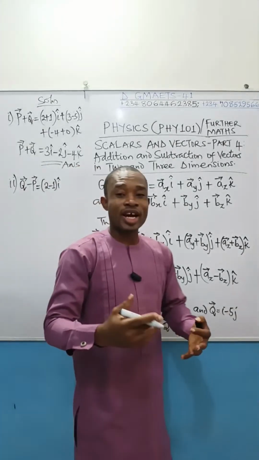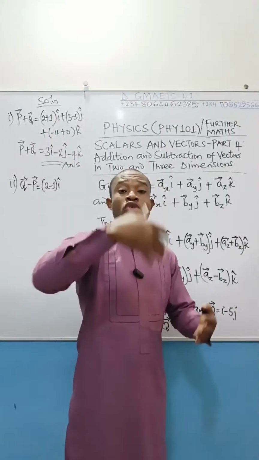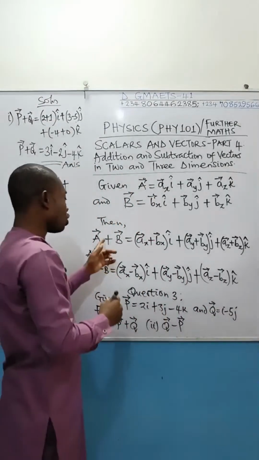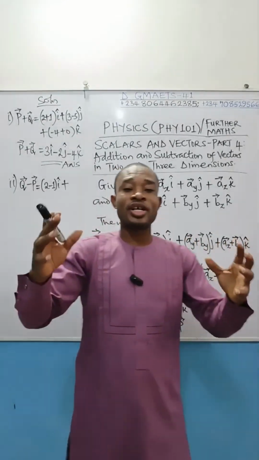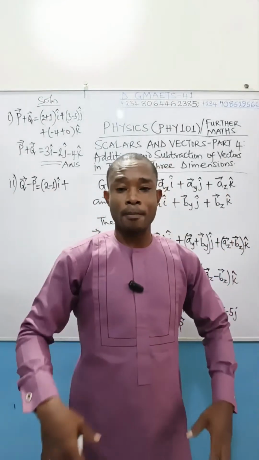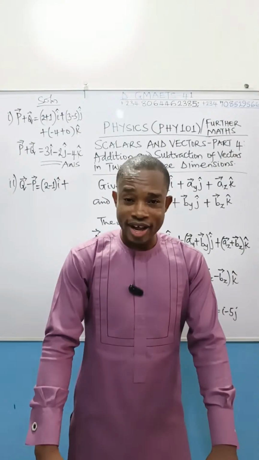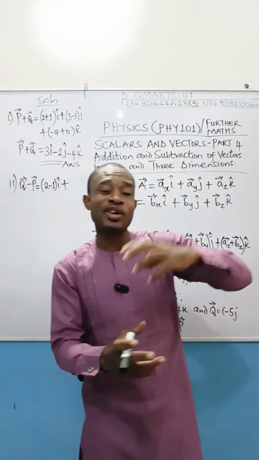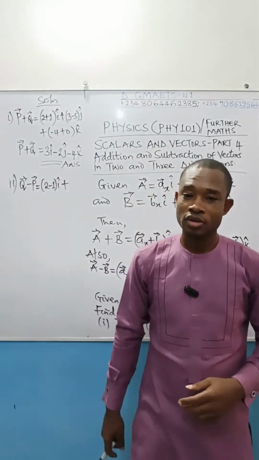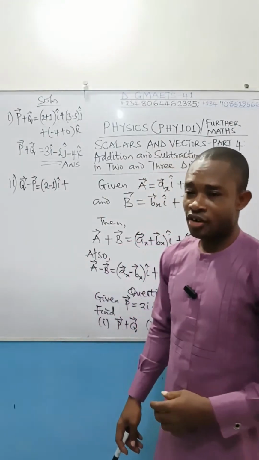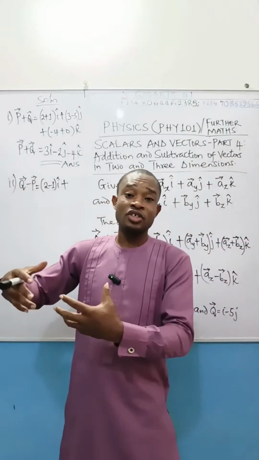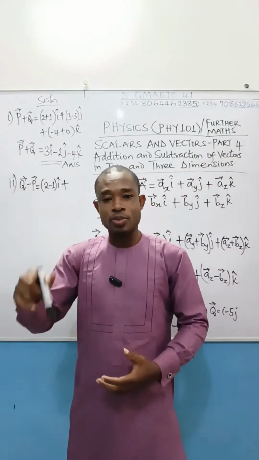Then once you're done with that, you add, as you introduce plus. Because here, whether you are doing addition or subtraction, the whole idea is that you are taking an algebraic sum. So by the time you are done with the i component, before you move on to j, you put plus. Are you following, right? If you are done with the j component, before you move on to the k unit vector or direction, you still put plus.